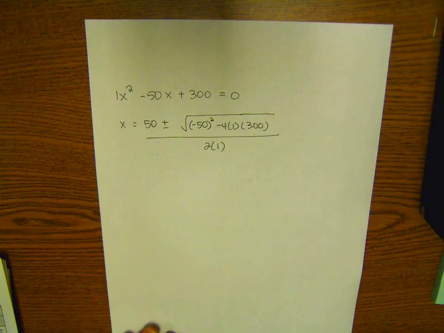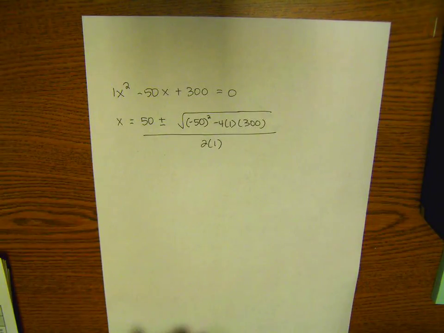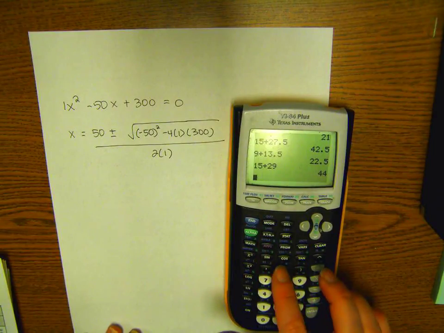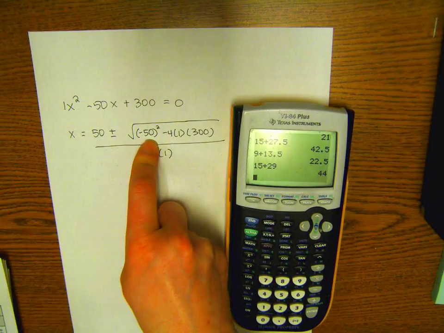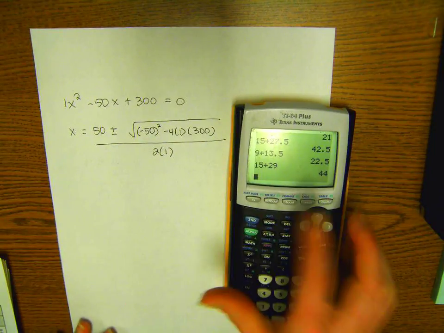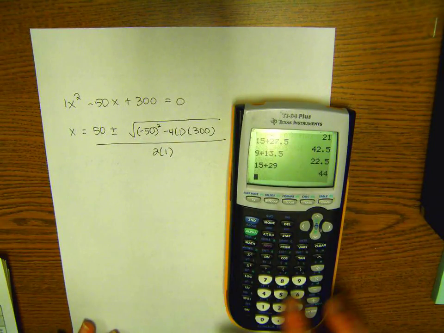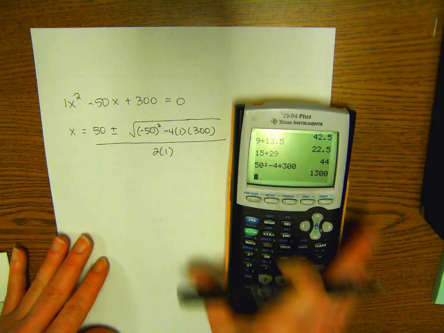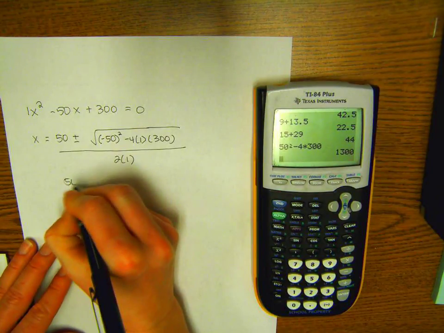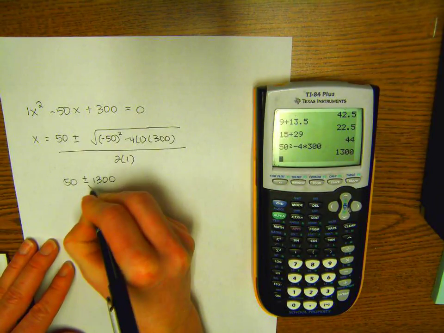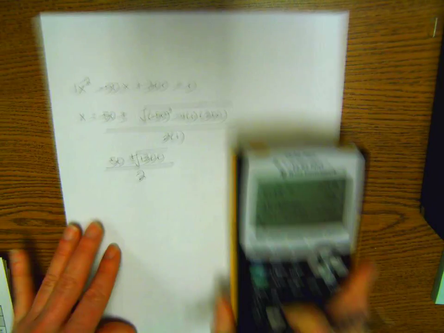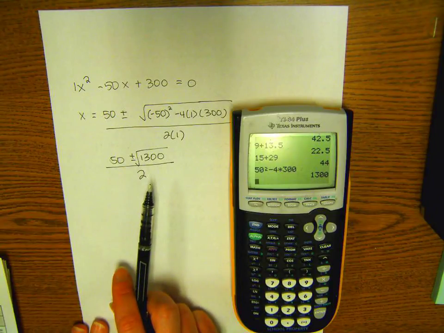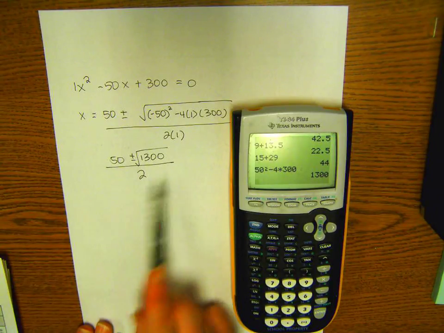So let's just do what's underneath the radical. By the way, what's going to happen to negative 50 when you square it? When working with the quadratic formula, you want to simplify what's under the square root. We're going to take the square root of it. Let's remember that it's the whole numerator that's divided by 2.